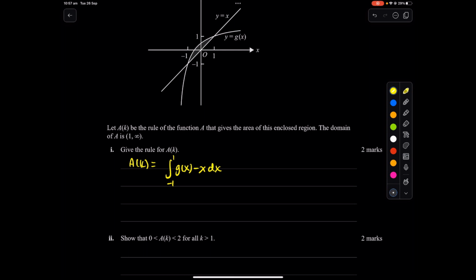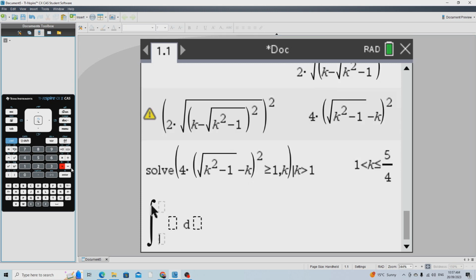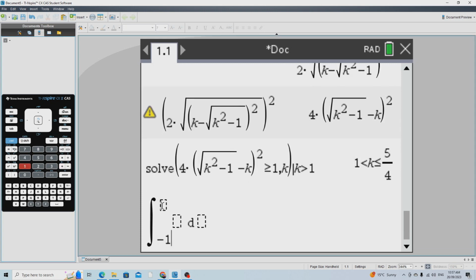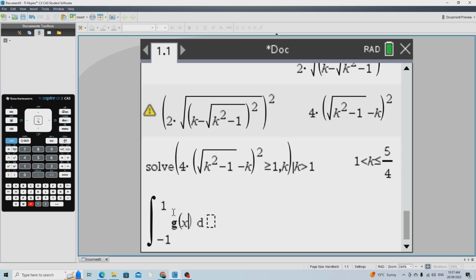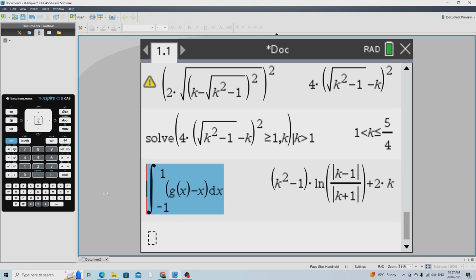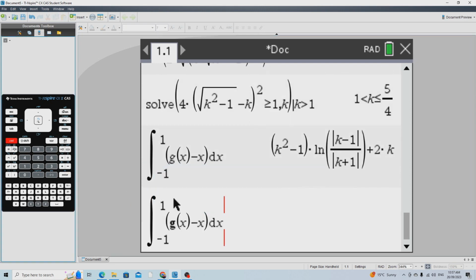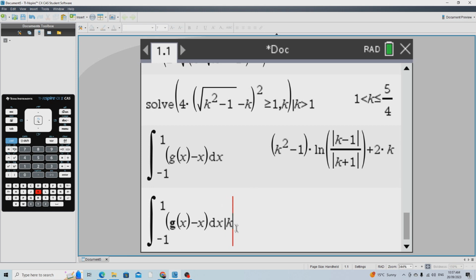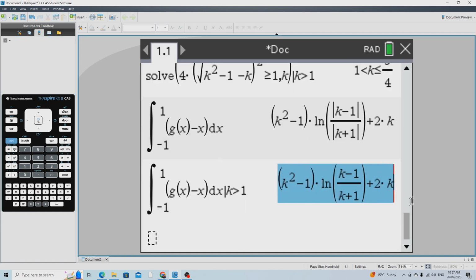So let's solve that. The area is the integral from -1 to 1 of g of x minus x dx, and we get, wow. Okay, guys, just be careful. To be safe, because all these absolute value things are not good, let's just write k is greater than 1. Now it's a nice equation.